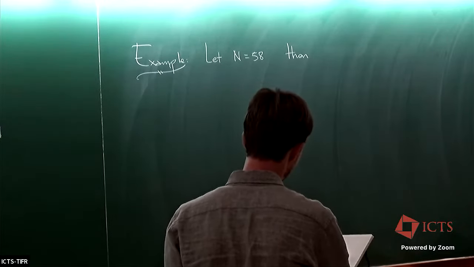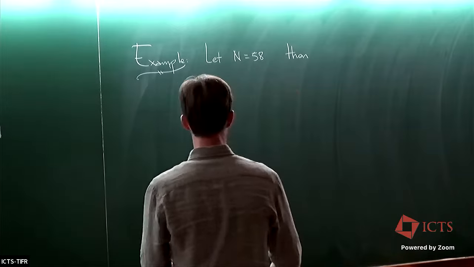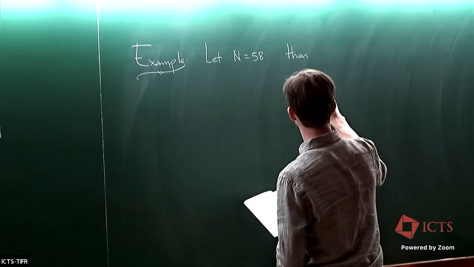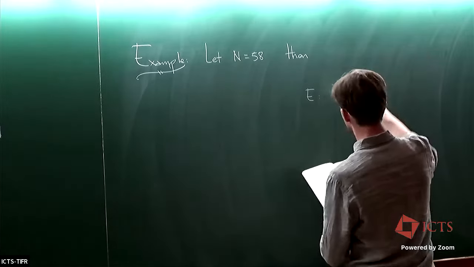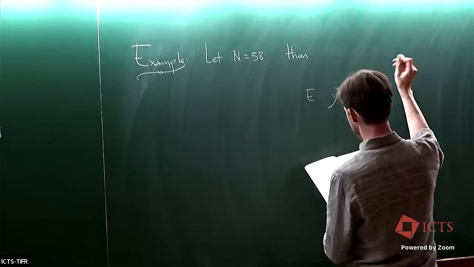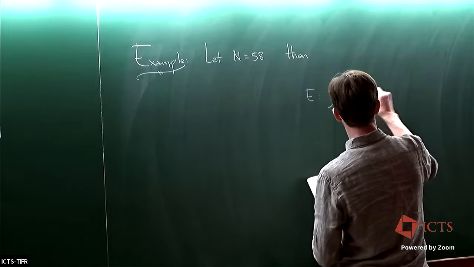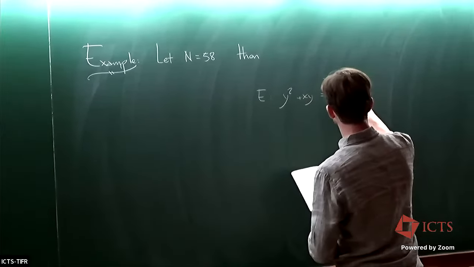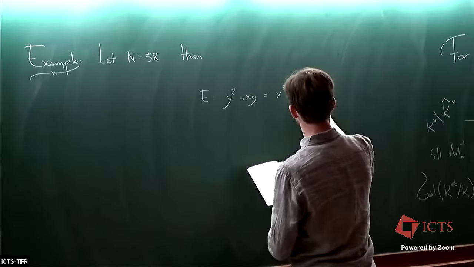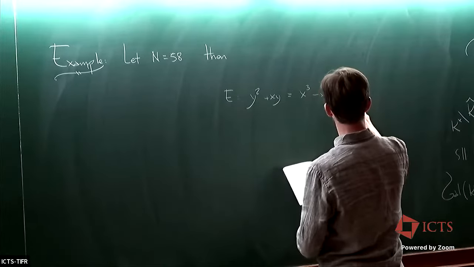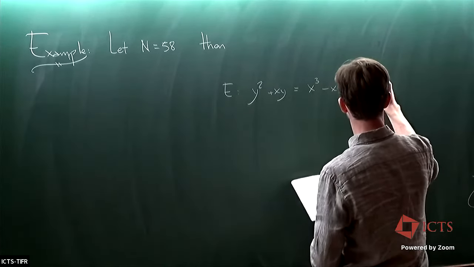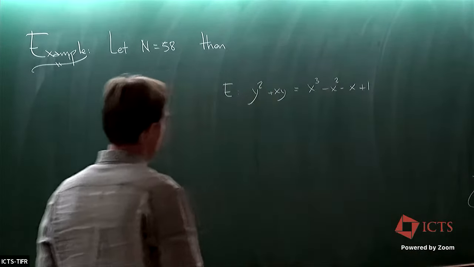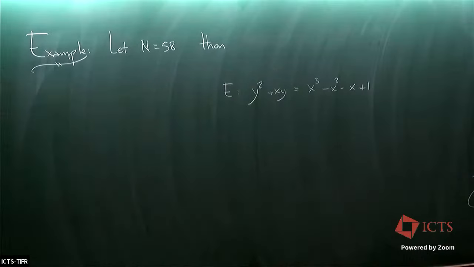Okay, so what we have now is we have an elliptic curve, E, which I found on LMFDB. It has the following equation: y squared plus xy equals x cubed minus x squared minus x plus 1. Yeah. The conductor of this curve is 58. Yeah.